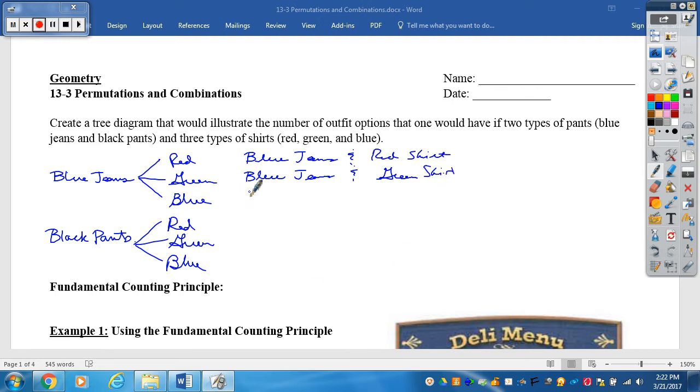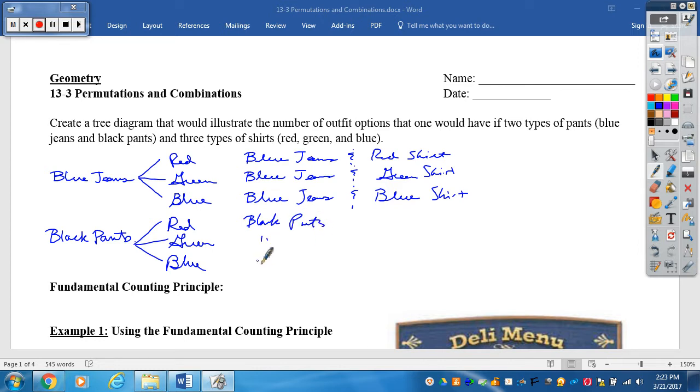The reason why we do the tree diagram is so we can easily see all the combinations that are taking place here, all the possible options we could have. And then you have the black pants.